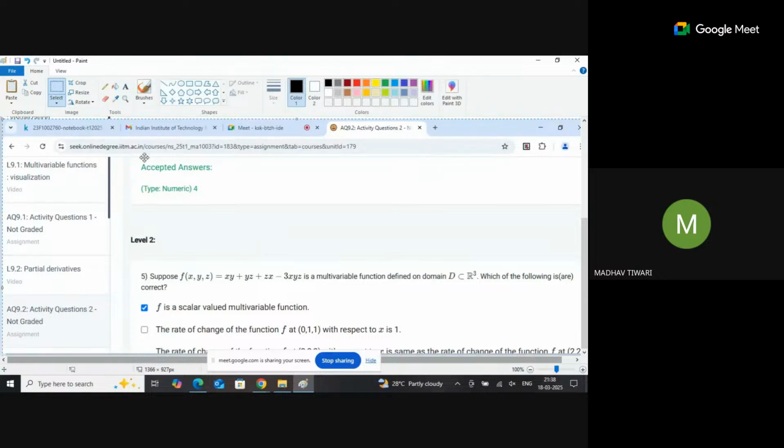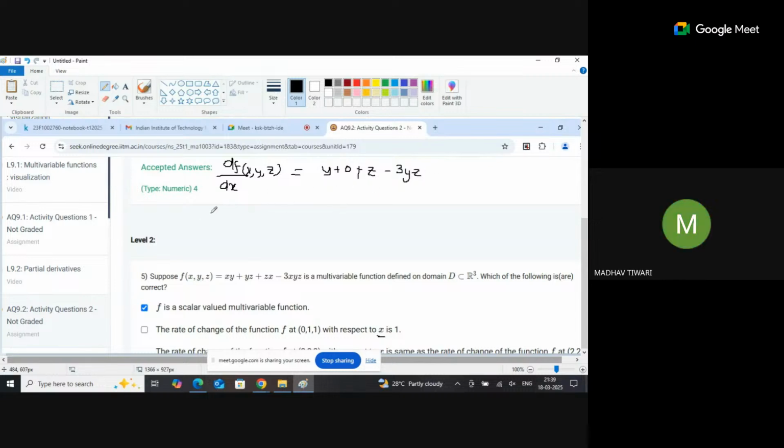So if I find the rate of change of the function with respect to x, I find its derivative with respect to x, df by dx. It will be y plus z minus 3yz.